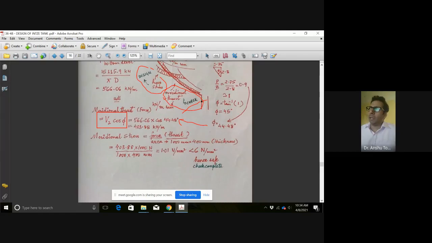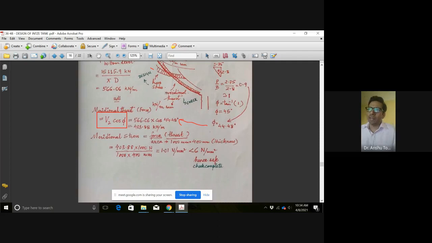Remember, I have written here in green color that we have to check it. We are going to check whether it is safe in meridional thrust or not. So it is simply going to be stress equal to force upon area. Force we have already evaluated as thrust, which is 403.88 kilonewton per meter.